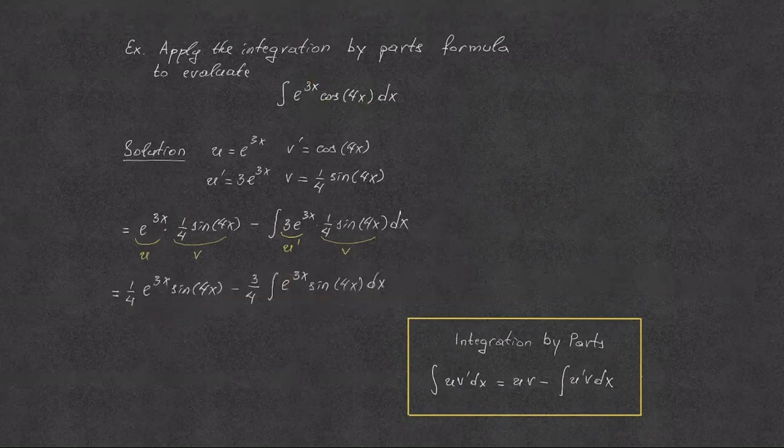So the idea here is that we need to apply integration by parts a second time and see what's going to happen there. We're going to take this integral, apply integration by parts, and whatever we get from there, we'll plug back instead of this integral. Okay, so let's do that on a new page.